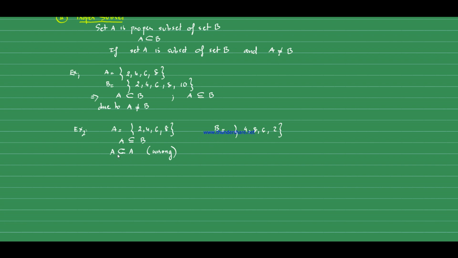But if I go ahead and write A is a proper subset of B, that would be wrong, because according to the definition, a proper subset cannot be equal. Over here A and B are equal to each other.